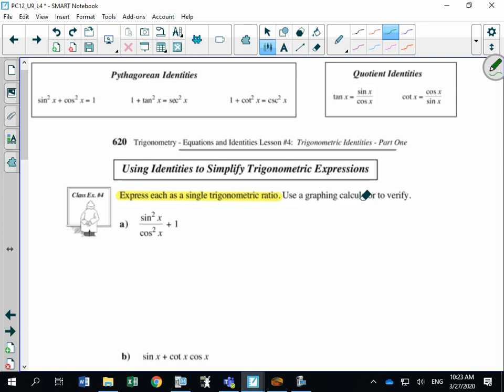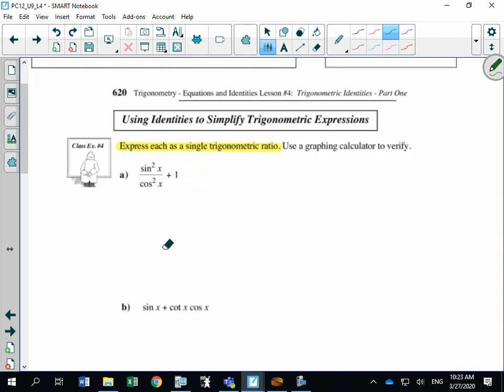I'm not going to use the graphing calculator to verify, but they want this written as a single trig ratio. So basically we need to pretend these are two separate fractions and add them together. This is really over 1, and I've got cos squared theta over here and a 1 over here, so I need to get common denominators.